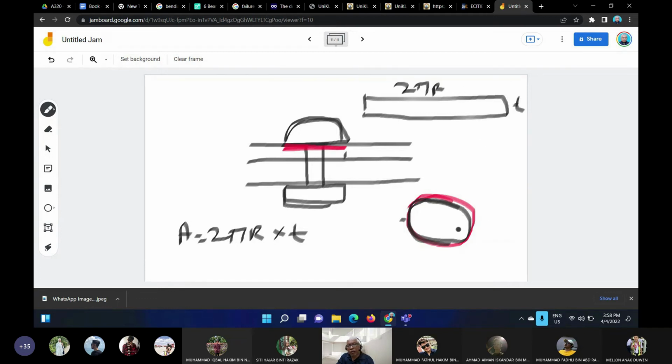You need to cut through the area for you to fail. So for this situation, 2 pi r, because the diameter is 4 over 1000, times thickness. So those are the pull through area.